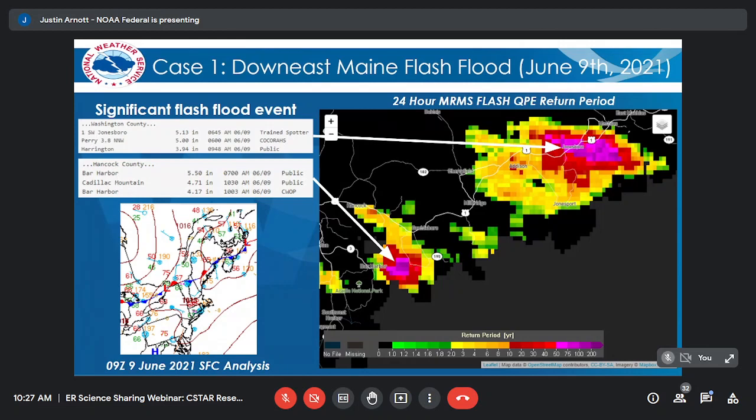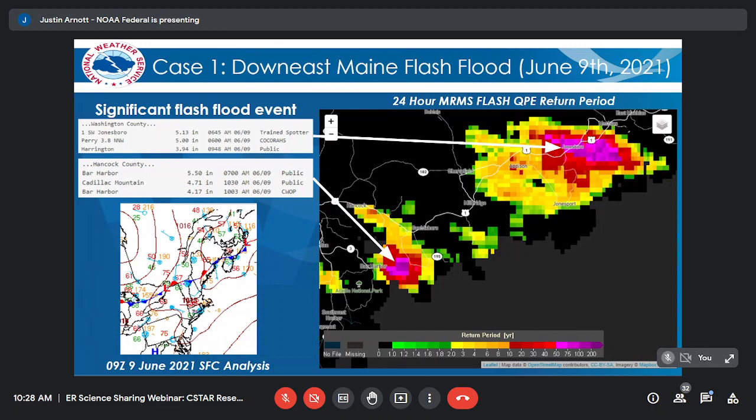So that's actually a very significant flash flooding event. You can see on the left-hand side some of the reports. Bar Harbor and Jonesboro are receiving over 5 inches of rain.